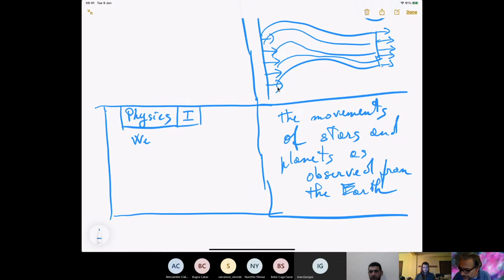We need simplifying assumptions. Which kind of simplifying assumptions?